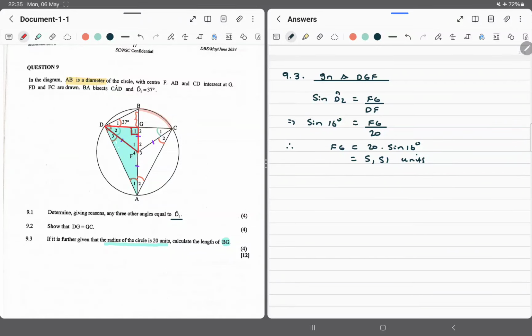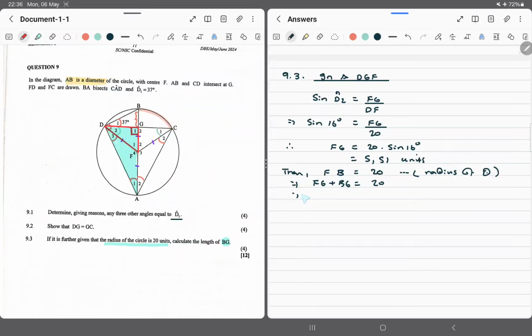Now, after that is sorted, we understand that FB is equal to 20 units. This is the radius of the circle. I meant to say FB. We know that this is made up of FG plus BG.